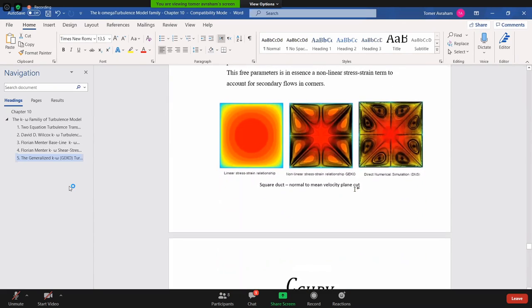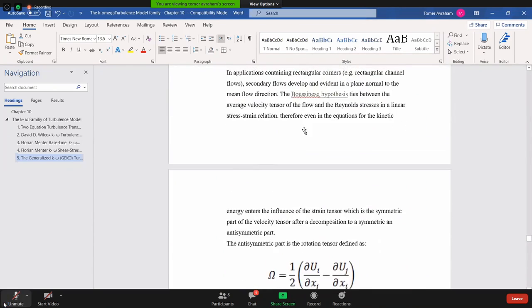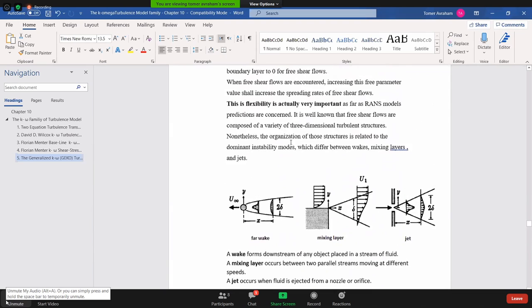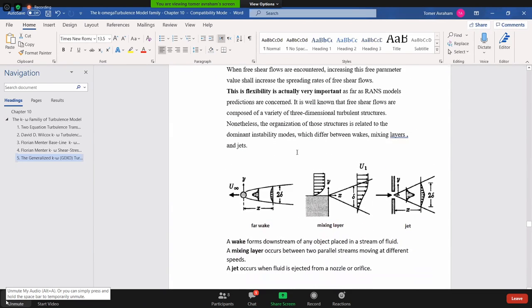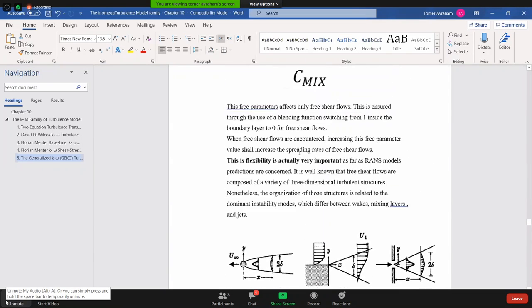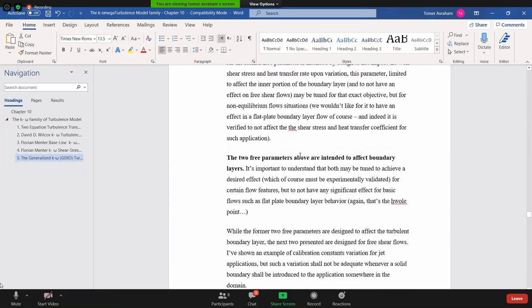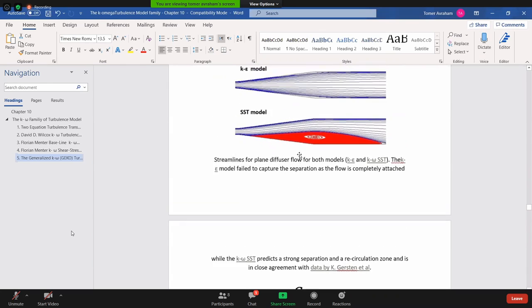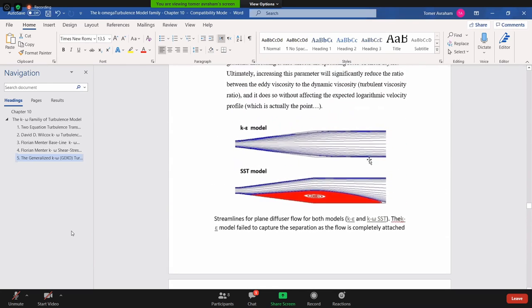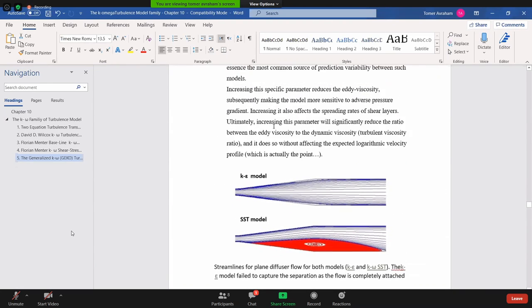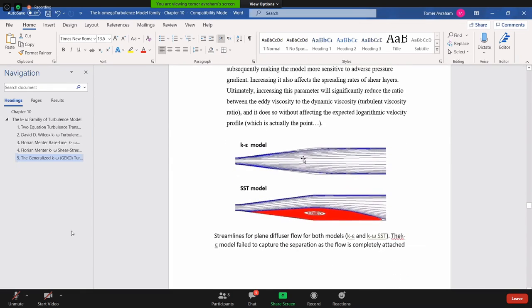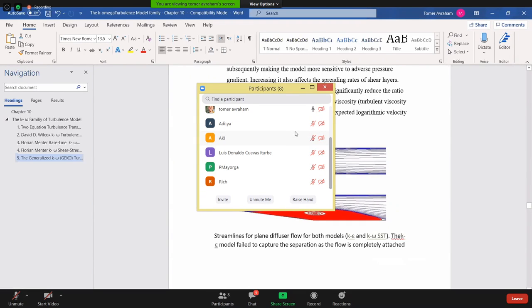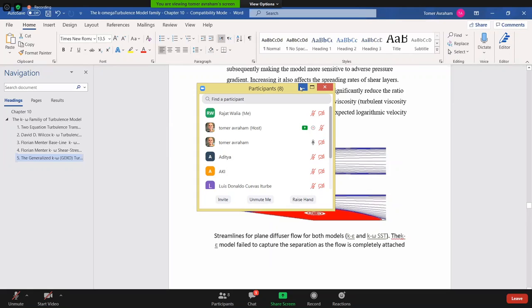Any other questions? Okay. Here you see an example where the k-epsilon delays separation.